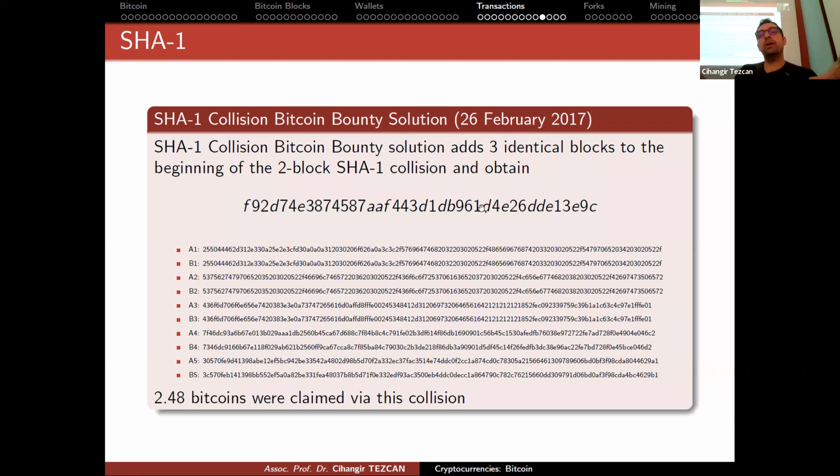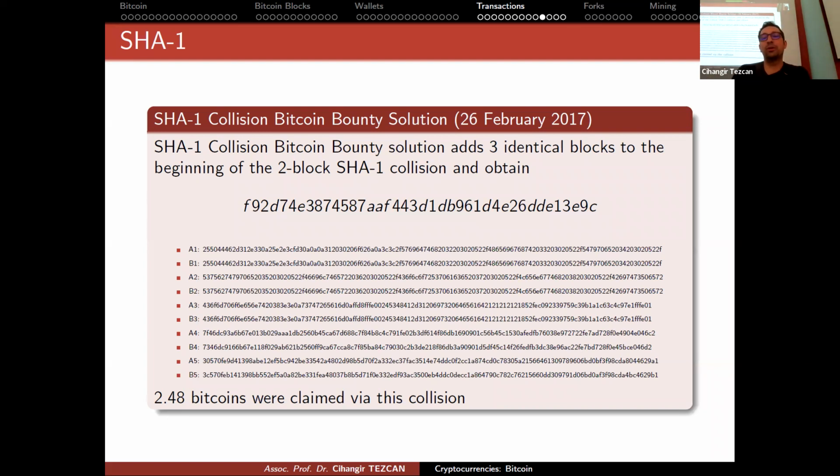The same bounty is valid for other hash functions like RIPEMD-160 and SHA-256, and also the doubled versions of them. If you can find a collision for double SHA-256, there's a reward for that. But finding a collision for 2 applications of a hash function is harder than for a single application.